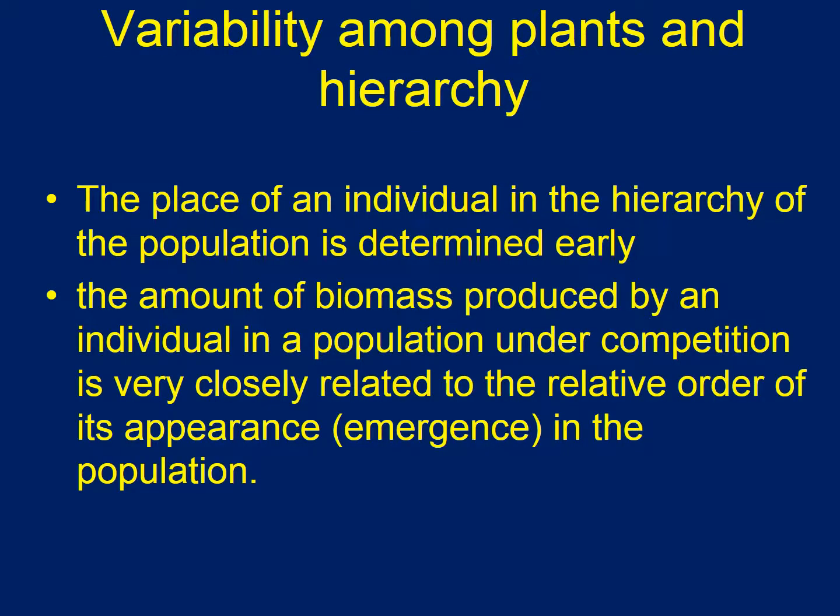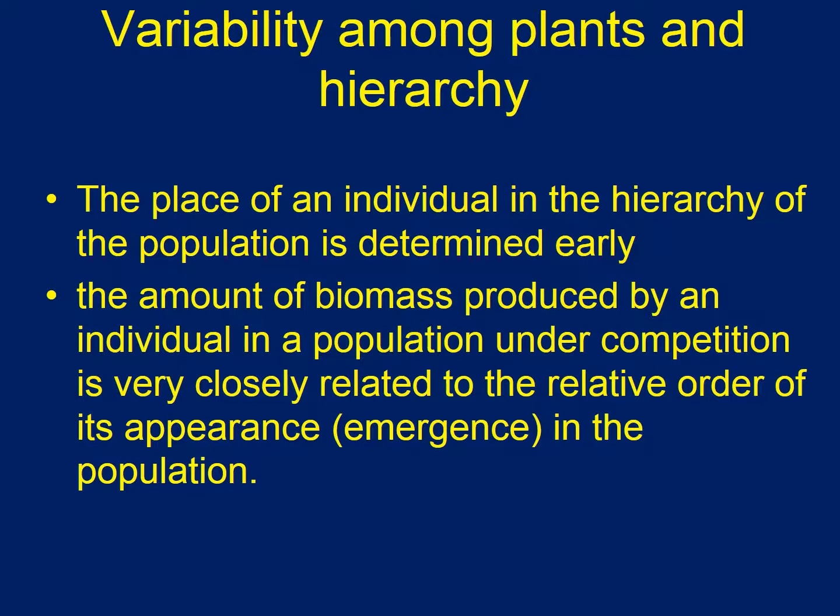Different studies have shown that the place of an individual in the hierarchy of the population is determined early in the crop cycle. And the amount of biomass produced by an individual in a population under competition is very closely related to the relative order of its appearance, in other words, its emergence in the population.